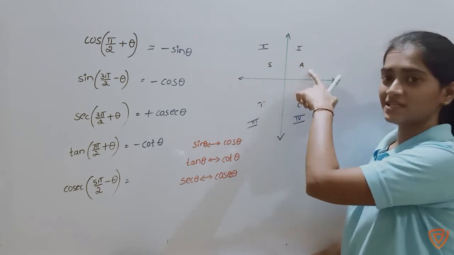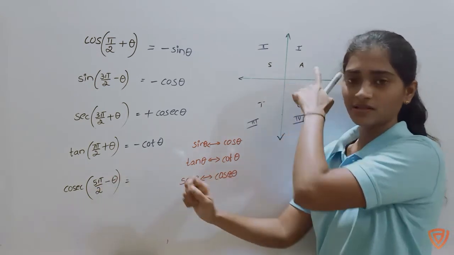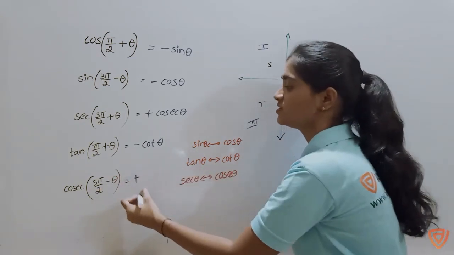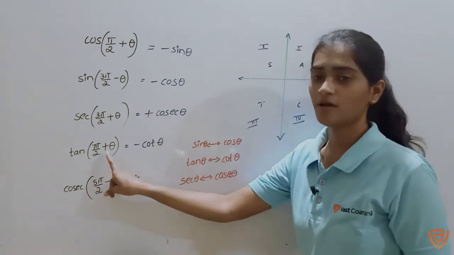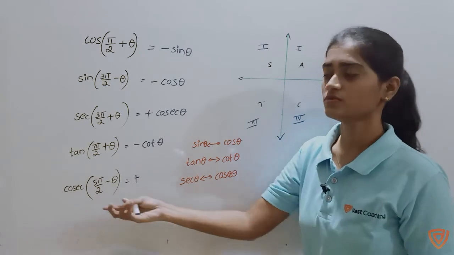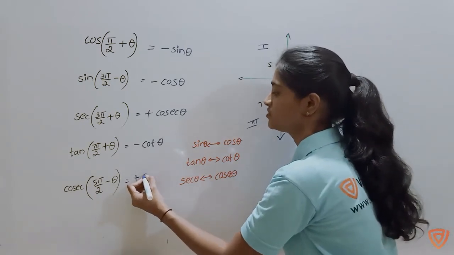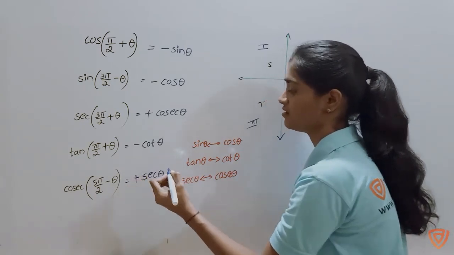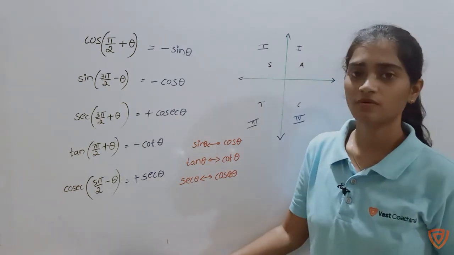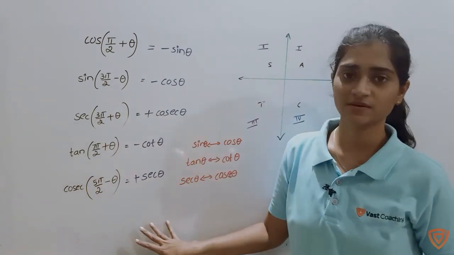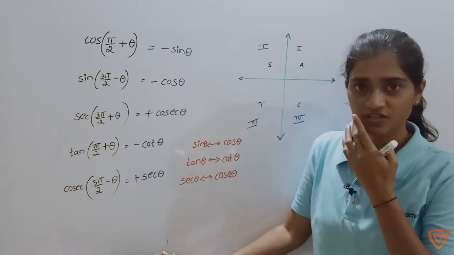It falls in the first quadrant. All the trigonometric ratios are positive. Cosec of an odd multiple of pi by 2 will change to secant theta. So this is how you can write these angles in terms of the trigonometric ratios.